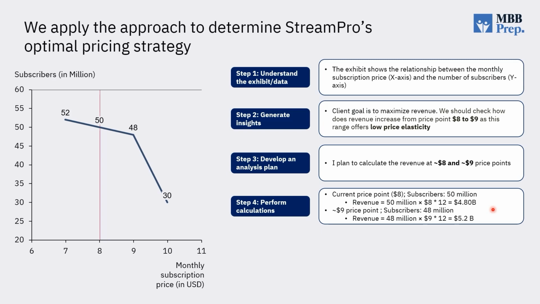Which means the variable cost is low, right? So if we increase price, most of that additional revenue will flow to our profits, right? Because the fixed cost has already been recouped based on the earlier price point, right?